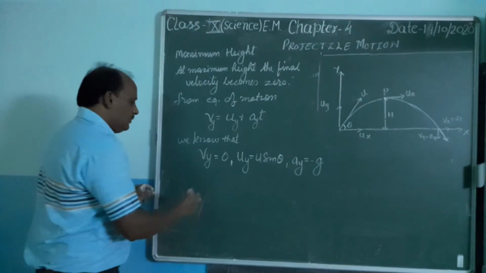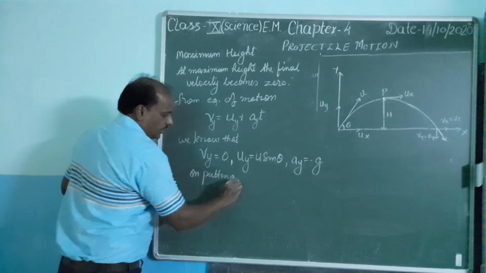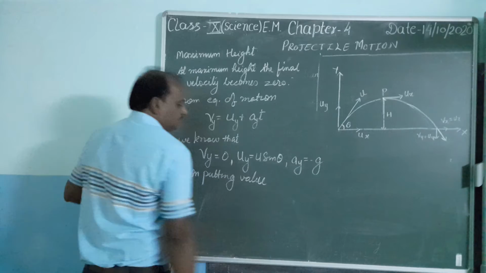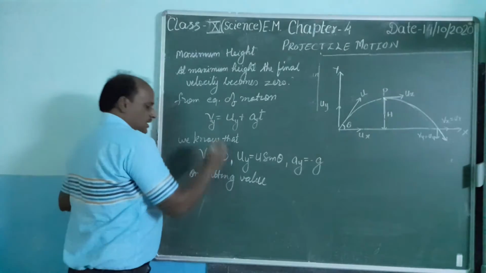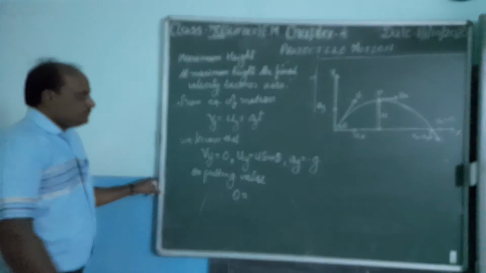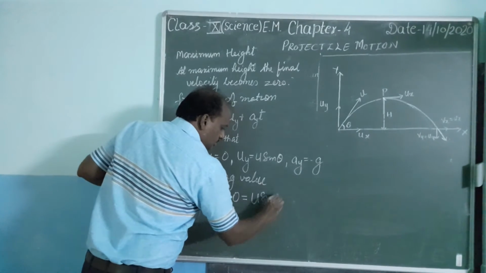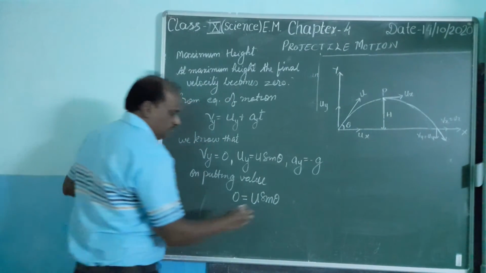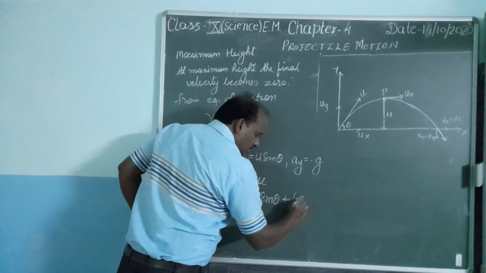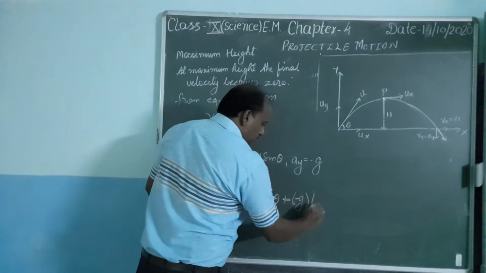On putting values, Vy is equal to 0, Uy, that is u sin theta, plus Ay, that is minus g, into t.